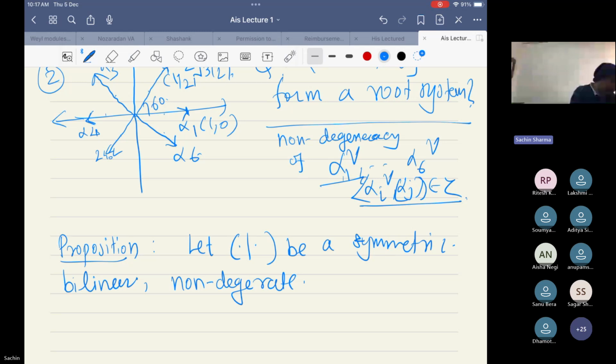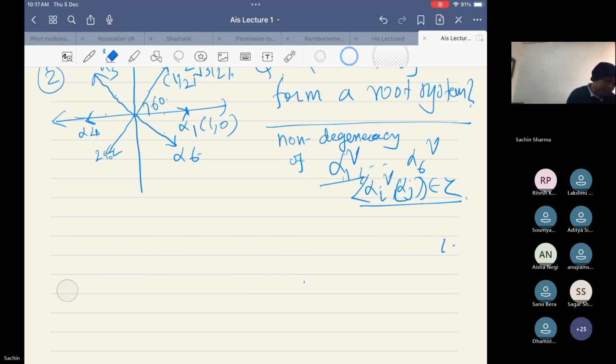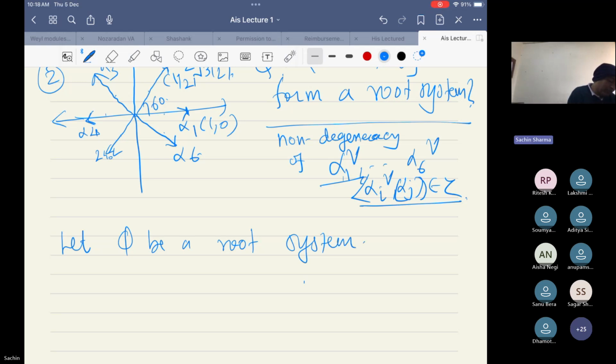So before giving this proposition, I will define a crucial group. Let phi be a root system. If I write that V, phi is a root system, it means that V is a finite dimensional vector space over R, and phi is a root system.